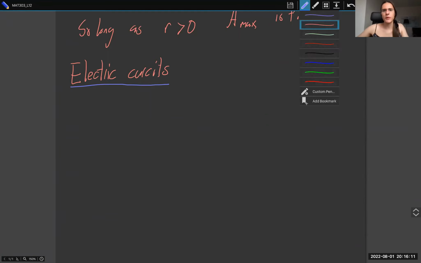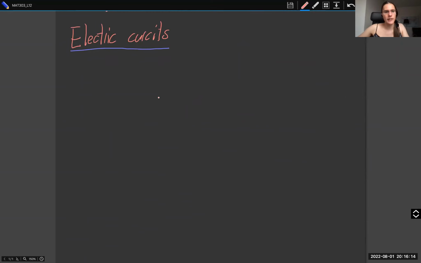Okay, so let's say we have a circuit. The circuit looks like this. There's going to be some energy source, E. And then there is going to be some resistor. This is how you apparently draw a resistor. And then there's going to be some induction coil.